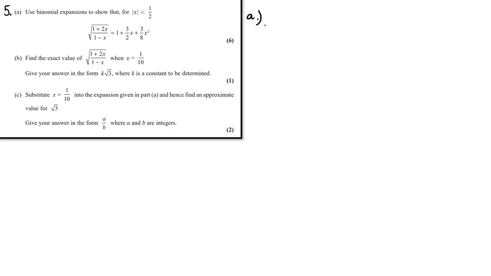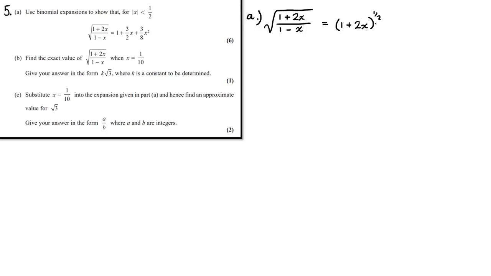So, keeping the square root in for now, what I've got is the square root of 1 plus 2x over 1 minus x. Now, we can write that as 1 plus 2x to the power of a half, remembering the square root of the quotient here is the square root of the numerator divided by the square root of the denominator.